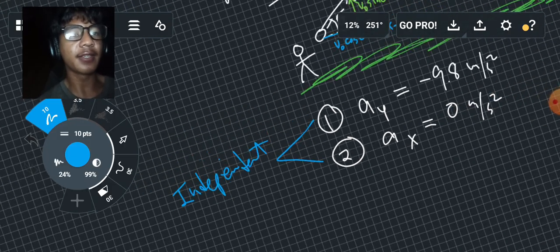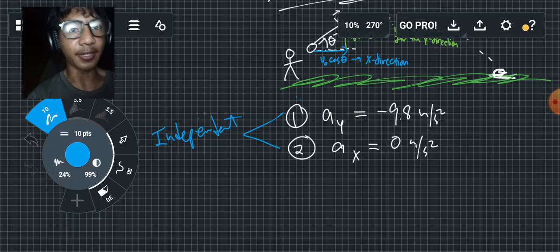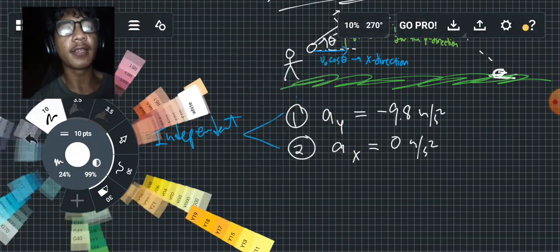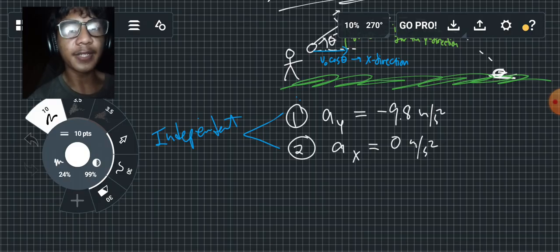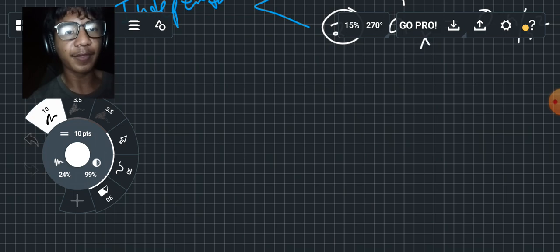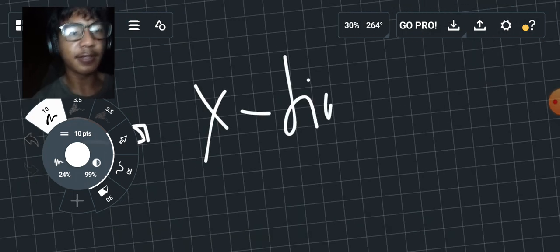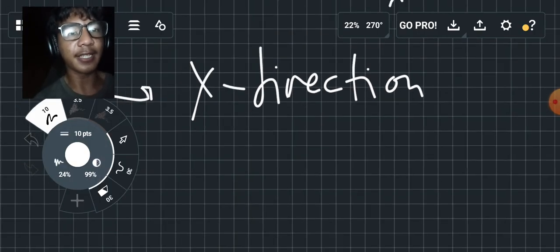Okay, they are independent, so they don't affect each other, and so we can work on them separately. So we first look at the x direction first. Let us do our analysis on the x direction first.